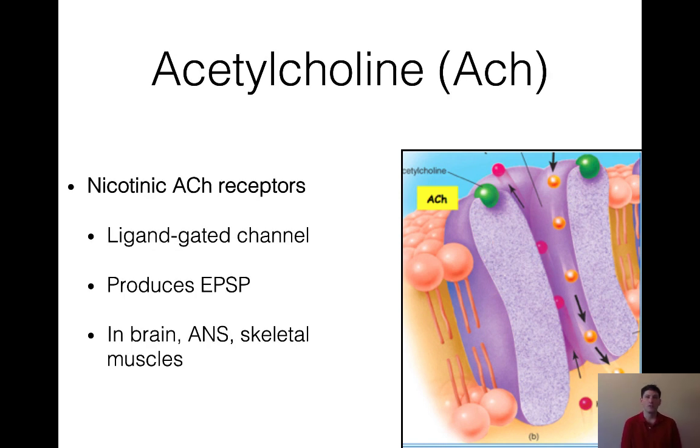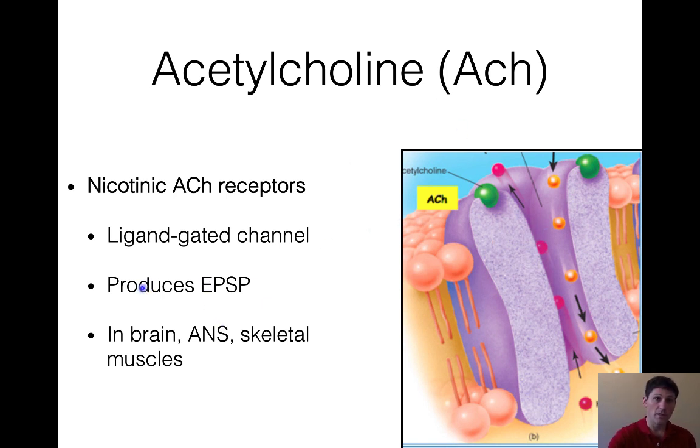If we look at nicotinic acetylcholine receptors, they are ligand-gated channels. Over here we can see we've got acetylcholine. We actually have to have two acetylcholine neurotransmitters bind, and that's going to open these ligand-gated channels. In doing so, sodium moves down its concentration gradient, and potassium moves out down its concentration gradient.